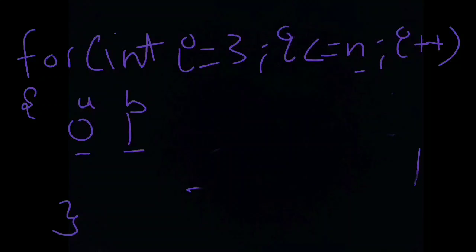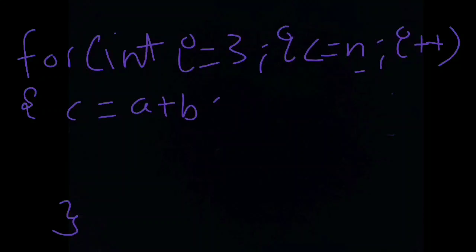So let's do that first. I'll write here c = a + b, and cout c. This is pretty much of it.